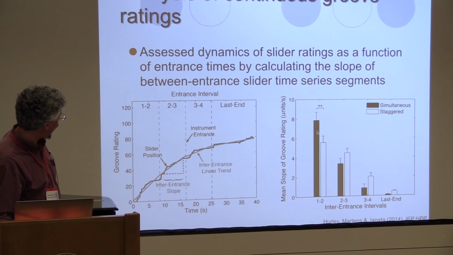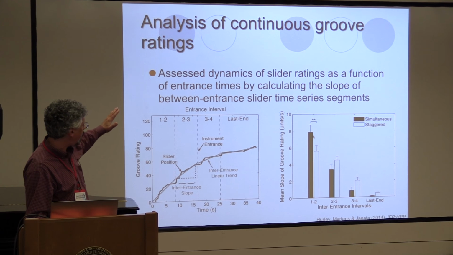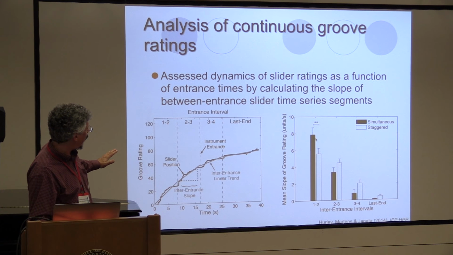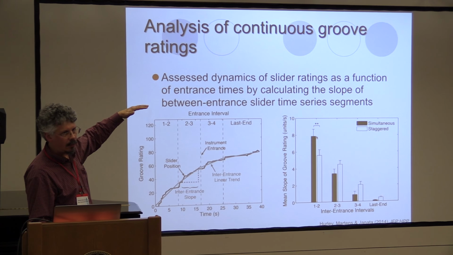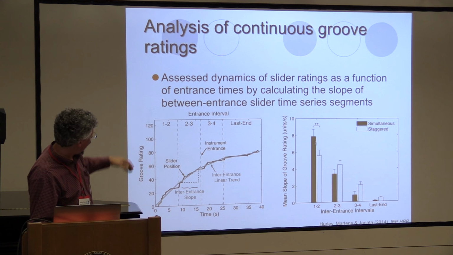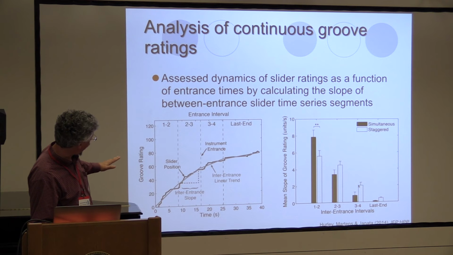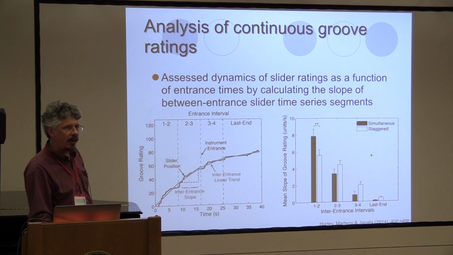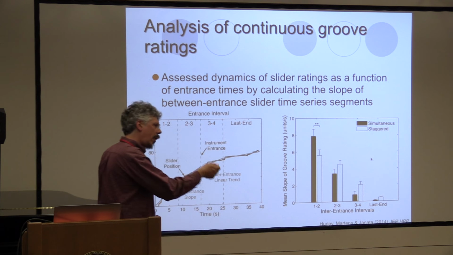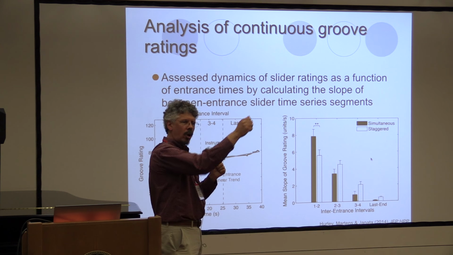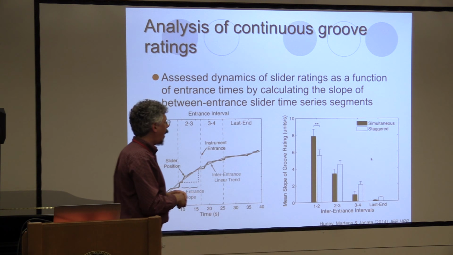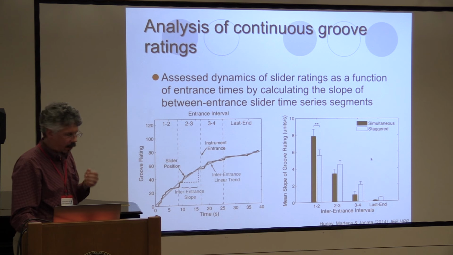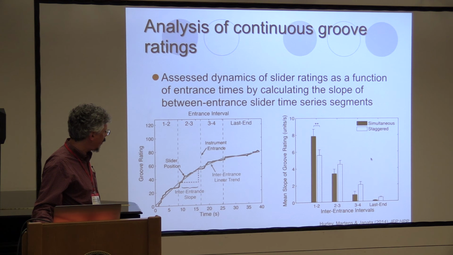And so you can see that in the simultaneous case, people arrived closer to their final groove rating right off the bat, whereas the slope continued to be somewhat steeper for the staggered entrances. So each new entrance generated more of a sense of groove in the staggered stimuli.